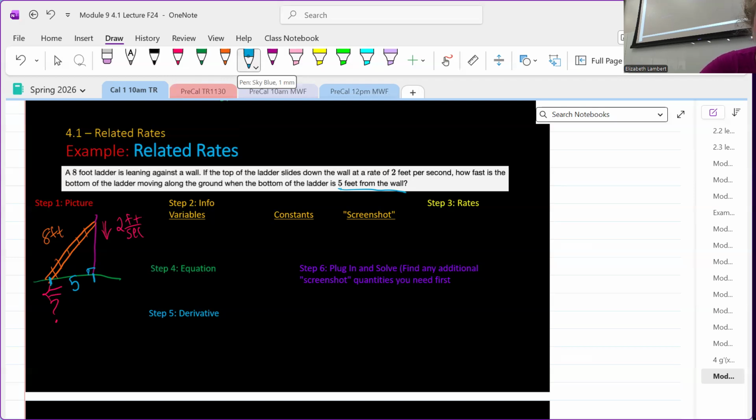So I need to label those lengths. We can pick whatever letters we want. In this case, it's a right triangle, so I usually just go with A, B, and C.